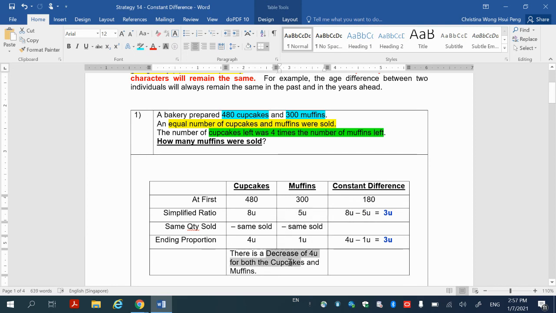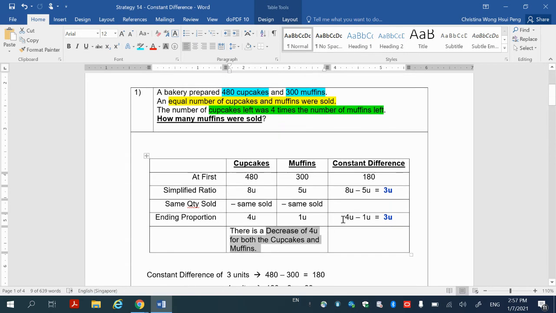The same 4 units drop on both columns. And this also tells me that 4 units minus 1 unit gets me 3 units. So can you see what we meant by the difference is constant? It is the same constant difference here, a difference of 3 units.